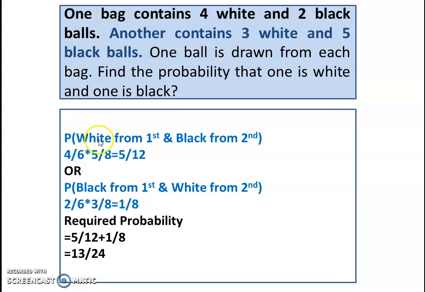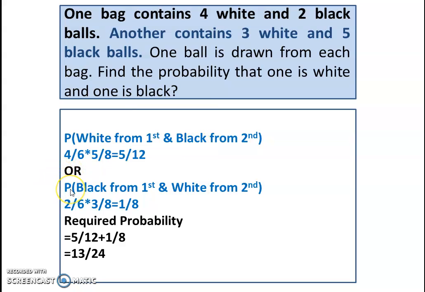So getting white from first bag will be 4 upon 6 as we have 4 white out of 6 balls, and getting black from second bag will be 5 upon 8 because we have 5 black balls and total we have 8 balls, right? So when we solve this, it would be 5 upon 12. So 5 upon 12 is the probability of getting white from first bag and black from second bag, right?